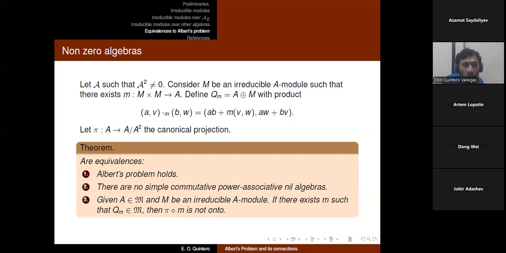So the condition for the Albert problem to hold is that this composition is not onto.